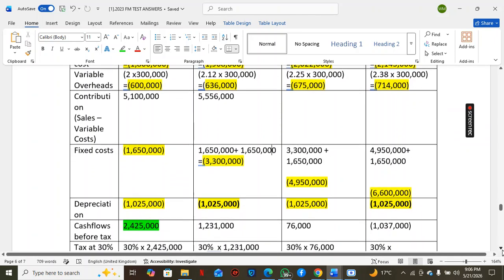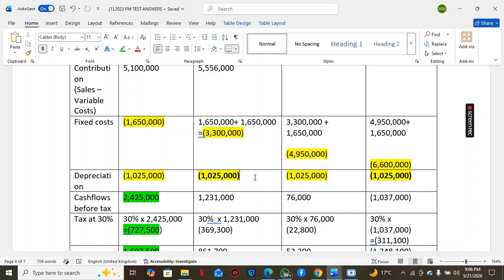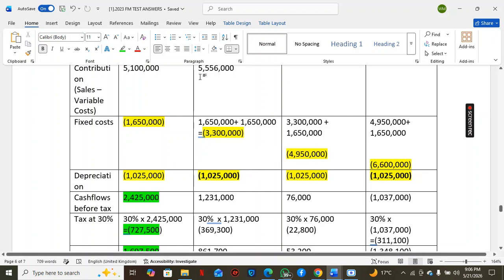Depreciation is the same, 1,025,000. 5,556,000 minus 3,300,000 minus 1,025,000, you get 1,231,000.